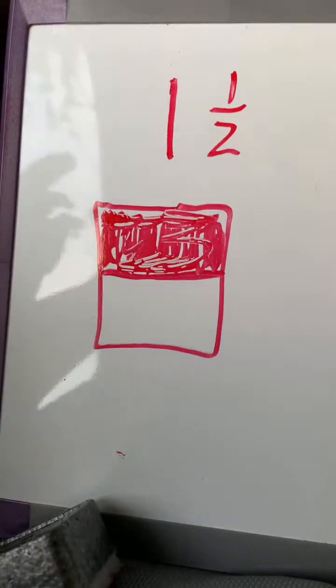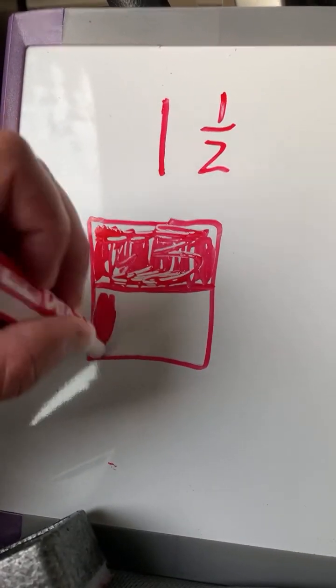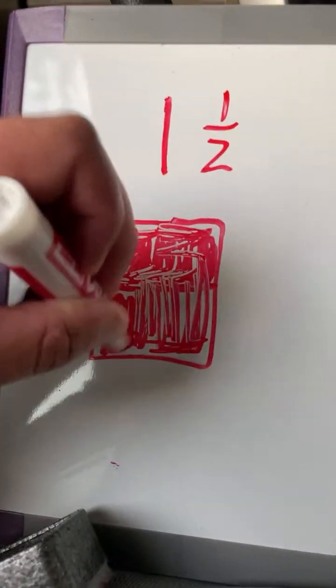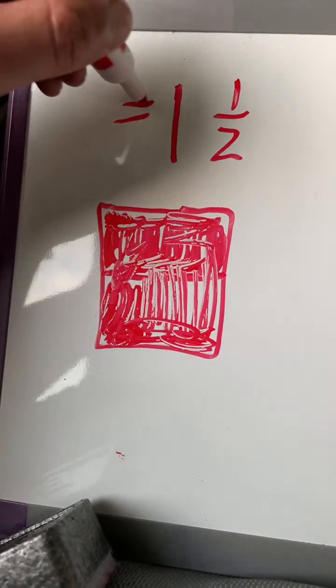So 1 whole would equal 2 total parts, 2 parts shaded. So this would equal 1 whole. Now 1 and 1/2, if we were to write that as an improper fraction, that would equal 3/2.